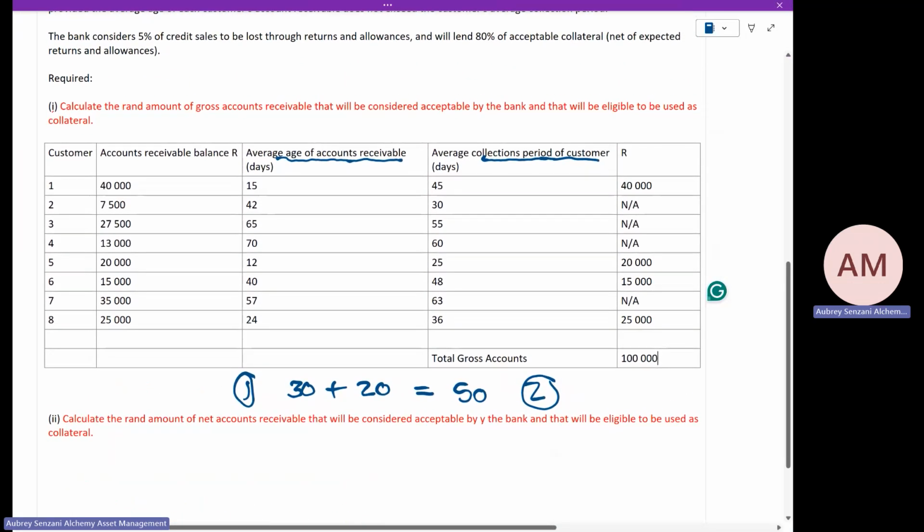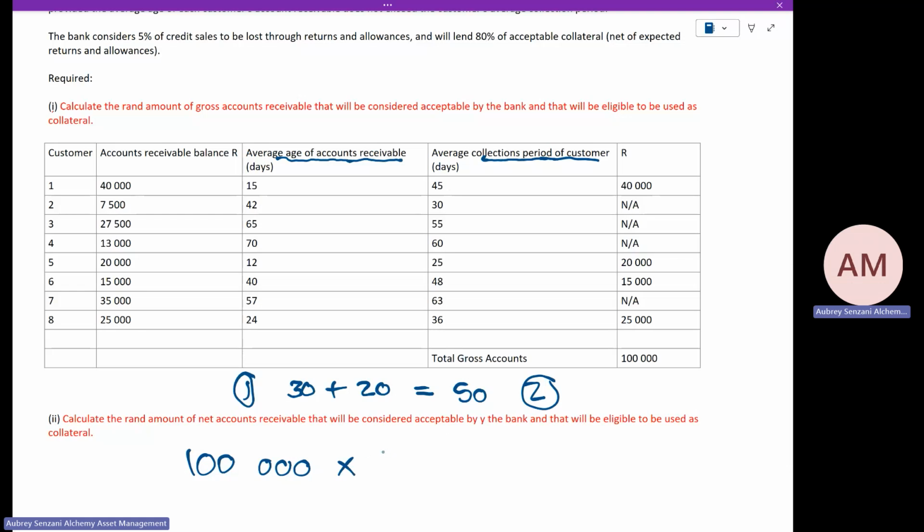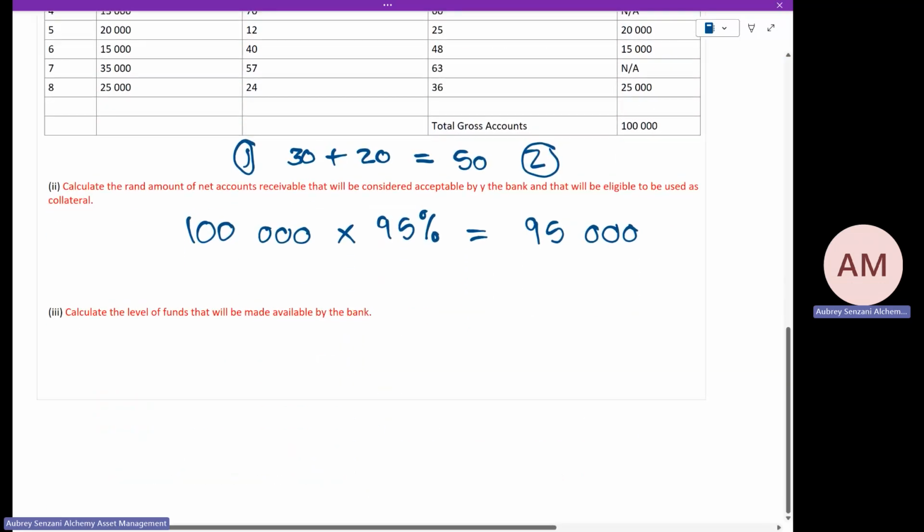So we're then saying, okay, this 100,000 less 5%, which in other words, what is 95% of this 100,000? 95,000, 95K.